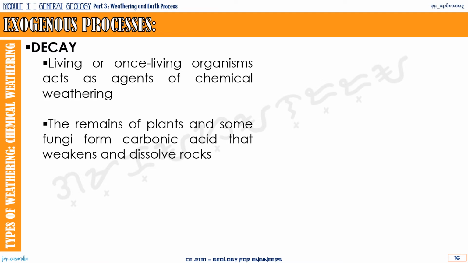Okay, so basically, mga organic materials. Okay, pag may carbon. So any organic material that will be interacting with your rocks could cause decay or cause formation of carbonic acid.